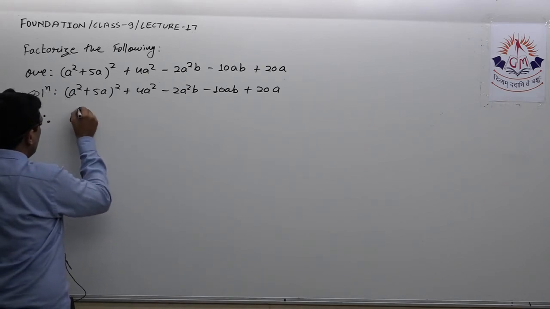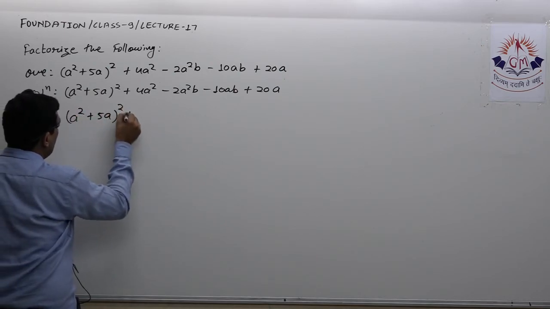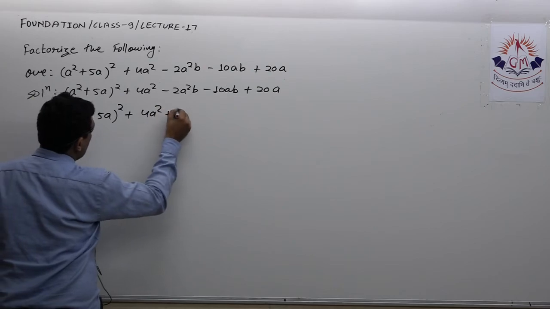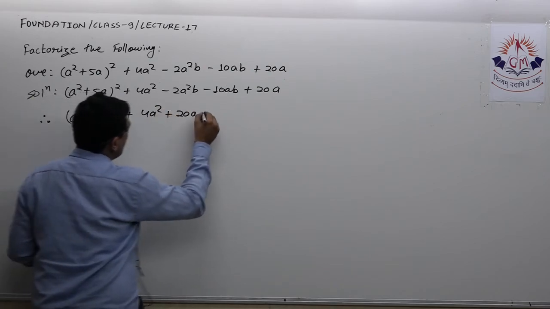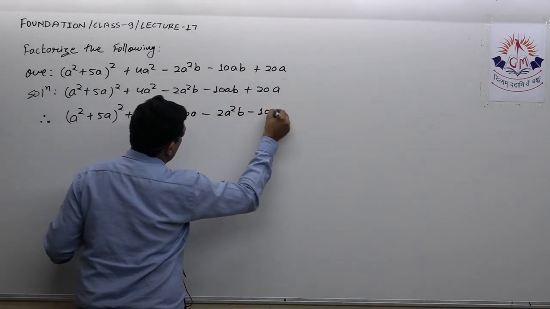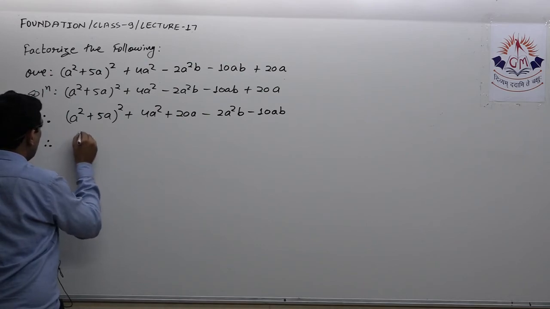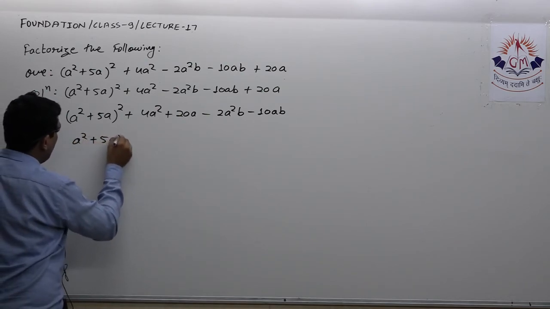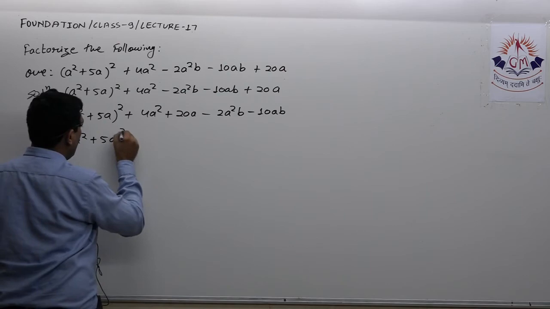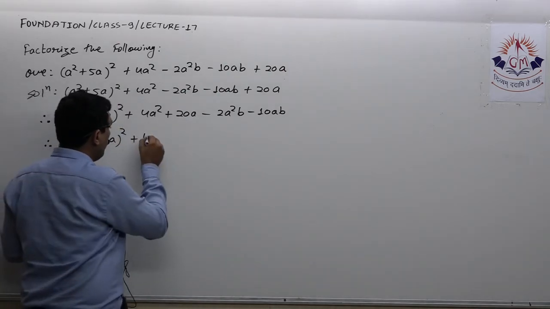So here, a square plus 5a, I write as it is. Here 4a square plus 20a minus 2a square b minus 10ab. Okay, so a square plus 5a, that I write as it is. From these two, what can I take common? 4a.